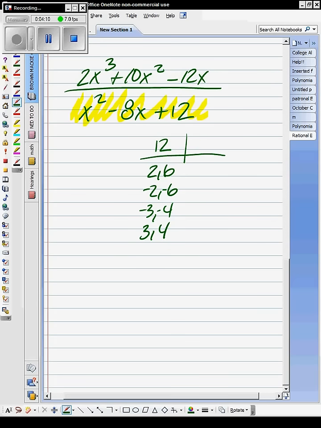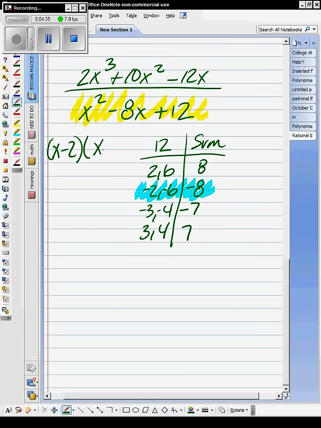So out of all of these, which one of these sums add up to be, we need to get negative 8. Well, this will give us positive 8. This will give us negative 8. Aha, I think I found our answer. So this is the one that we will need to use. So we split that apart, and now my factoring becomes x minus 2 times x minus 6.